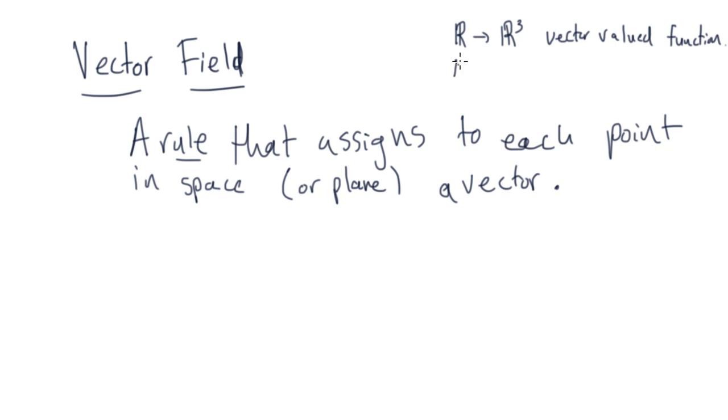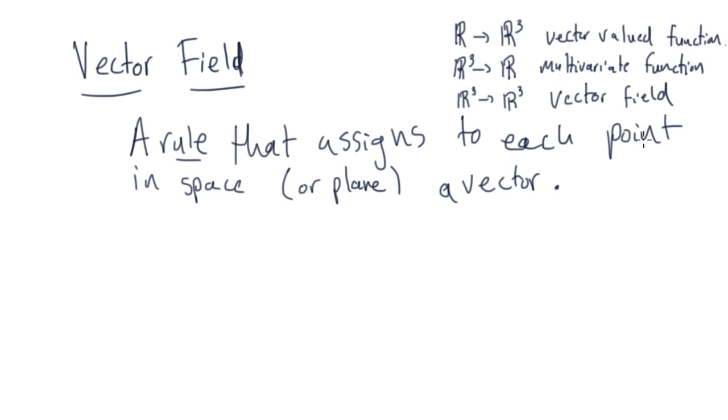We also talked about multivariable functions, something like this, where you're taking maybe a 3 variable input and outputting a number. So this was a multivariate function. But for a vector field, we really want to think about taking in multiple inputs and outputting vectors.